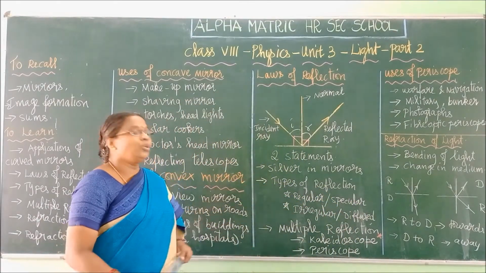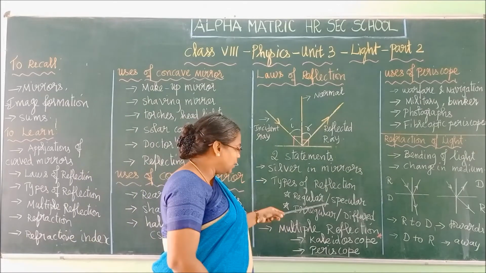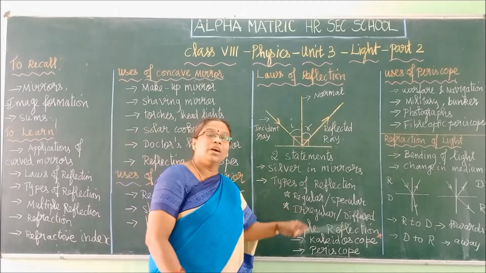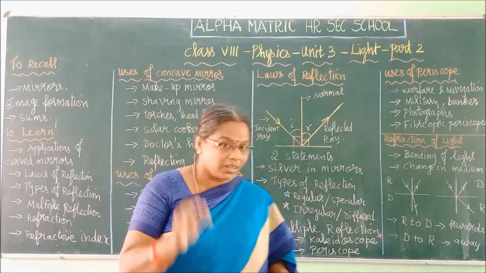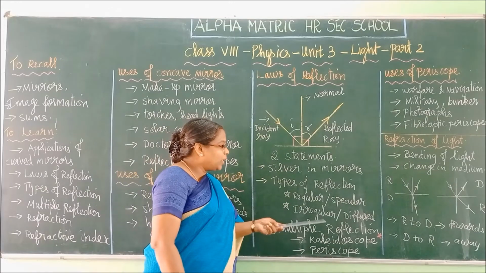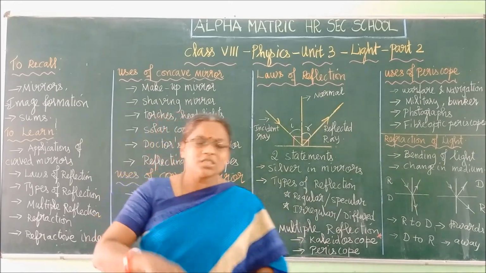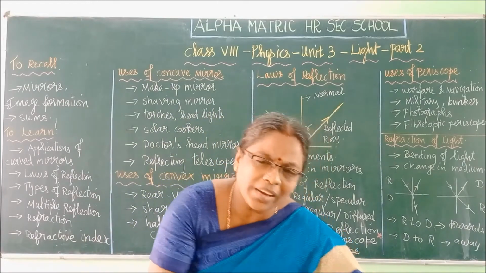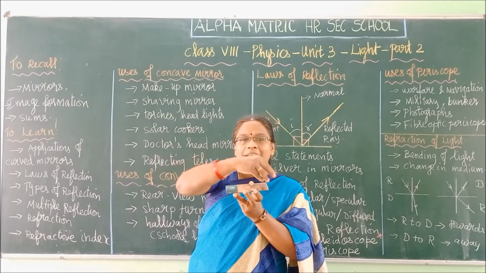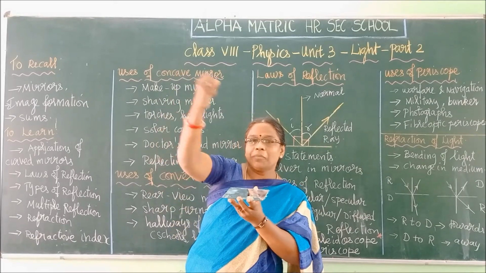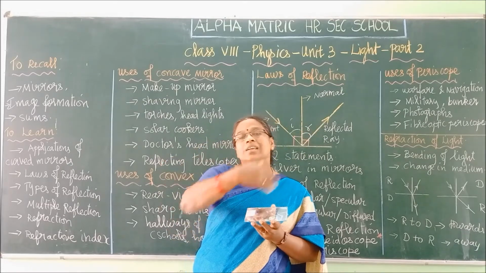Now we are coming to the types of reflection. There are two types of reflection, children. One is regular or specular reflection, and the other is irregular or diffused reflection. When the surface is smooth, very clean, without any roughness, and a beam of light falls on it, it will get reflected.